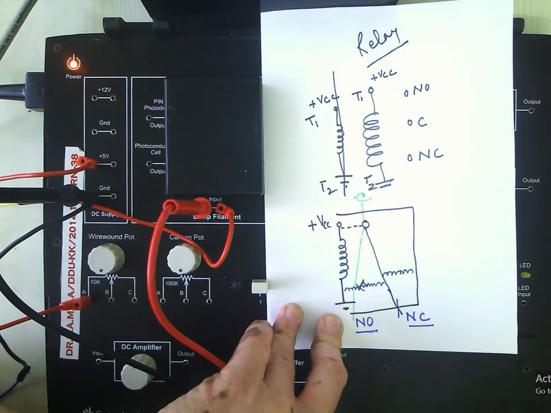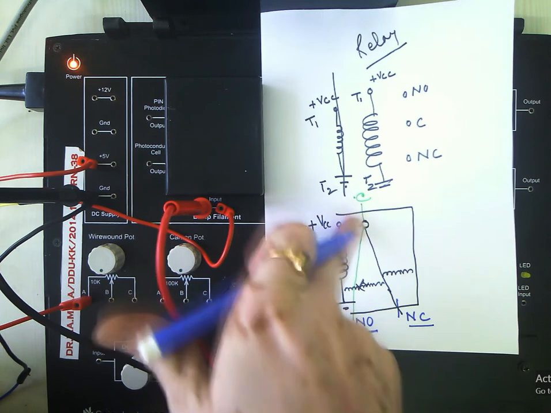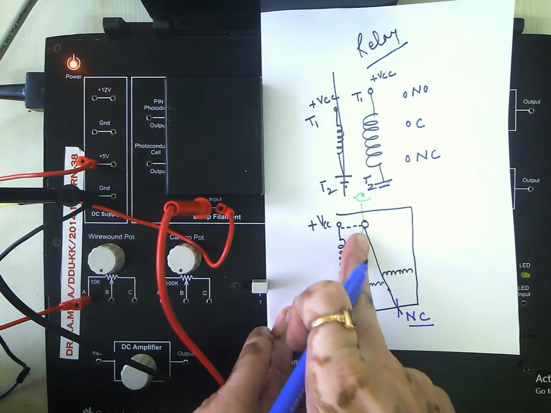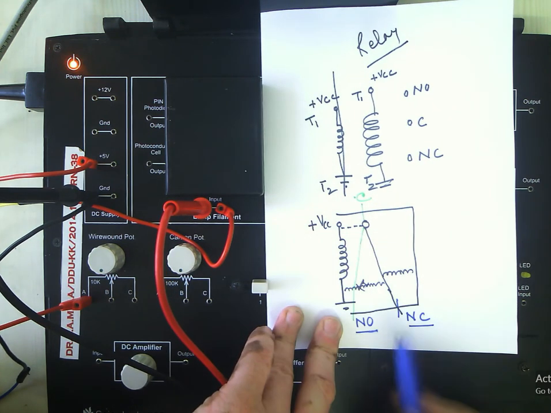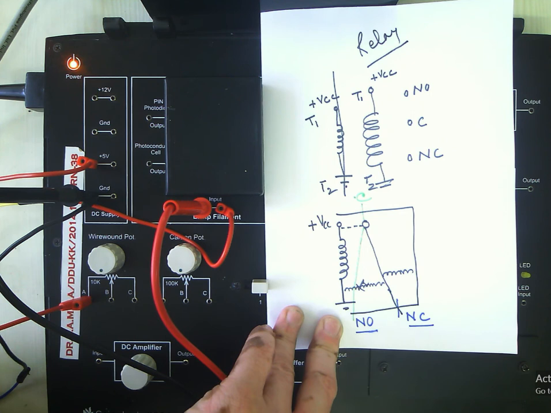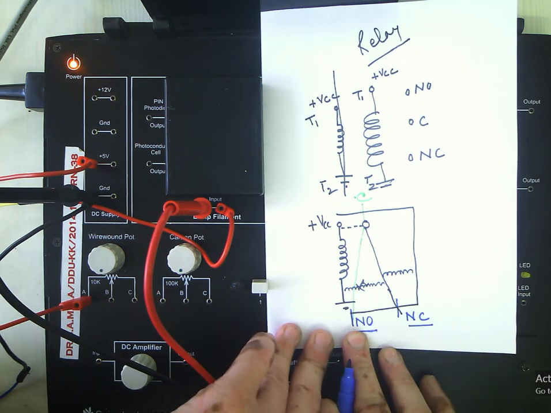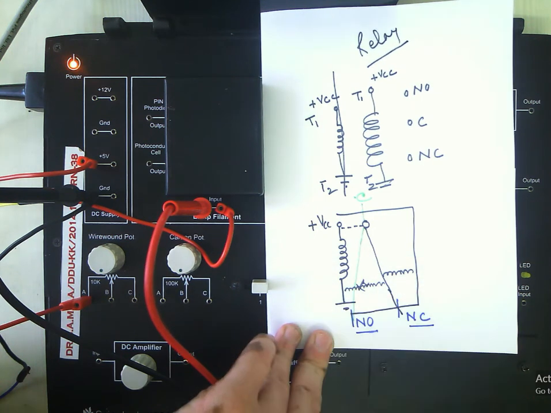So normally closed means it is closed with the common terminal. This is the common. And when the relay is energized, because of the action of the switching element, this common terminal gets connected to NO.